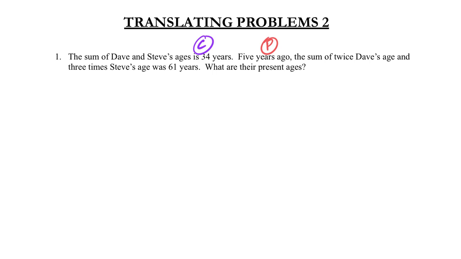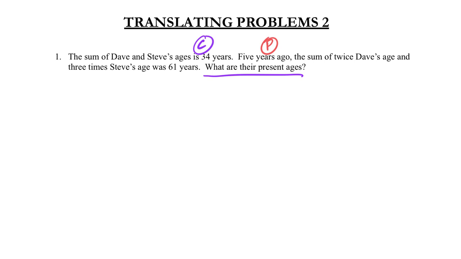What we've been asked to find: what are the present ages? I'm going to underline that in purple. The only reason I'm underlining it in purple is because that matches the first sentence, where I've circled the C. That's the same time period, current. Okay, there's our problem.